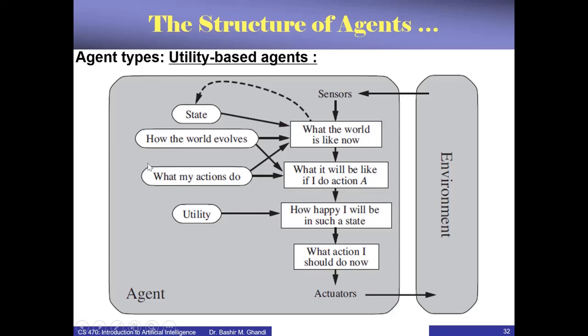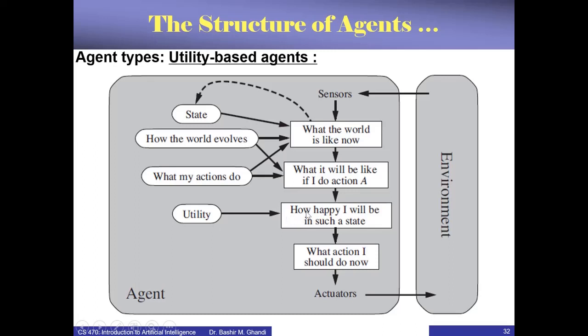So knowledge of how the world works together with the internal state will allow the agent to know what the world is like now, what it will be like if I do action A, and based on the utility, how happy I will be in such a state. So here it's not a question of will I achieve the goal or not.